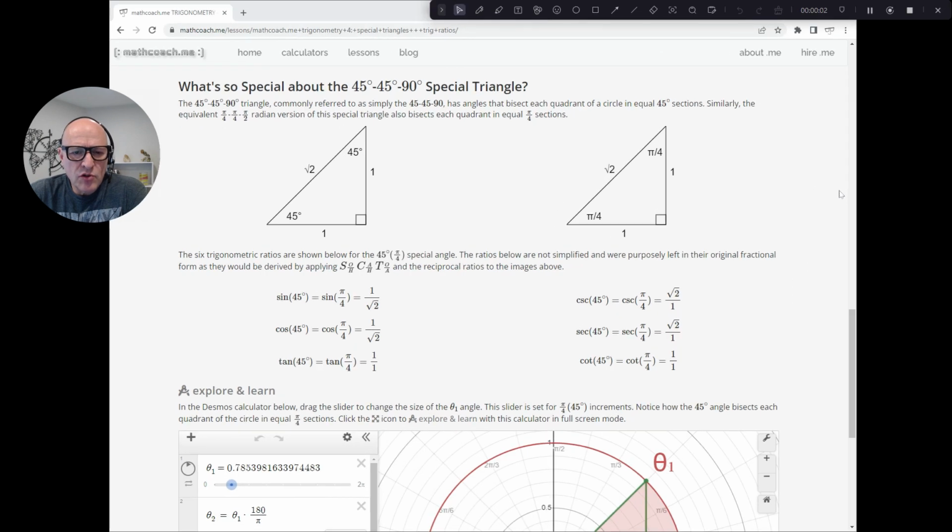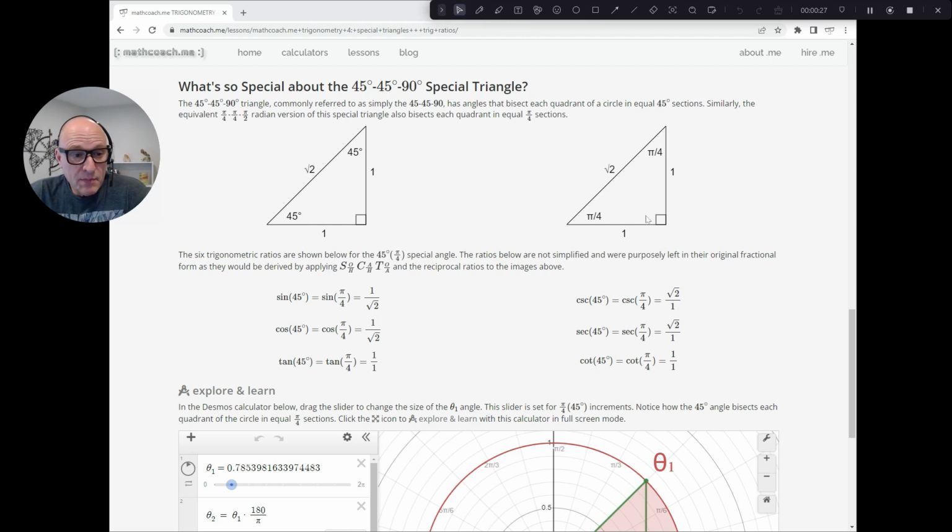The other special triangle is the 45, 45, 90 special triangle. It has equal relative sides of 1 and root 2 on the hypotenuse. And of course, 45 degrees and 45 and 90, and the equivalent pi over 4, and pi over 2 angles.